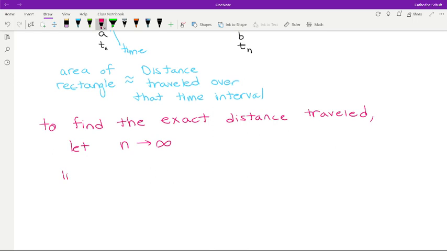And so then we have the limit as n goes to infinity, and we're going to sum up all of these rectangles, or I should say the area of the rectangle, so area of the base times f of t sub i, and then this is the total distance traveled over that time interval.